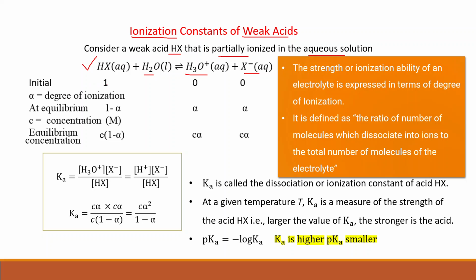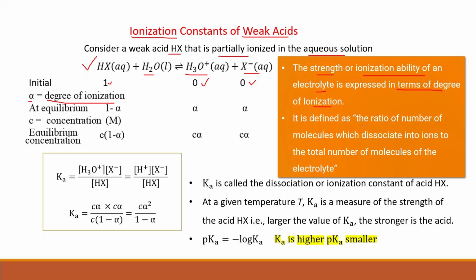Initially, if HX is 1 and no ionization is taking place, H3O+ is 0 and X- is also 0. If alpha is the degree of ionization, what is the meaning of this degree of ionization? The strength or ionization ability of an electrolyte is expressed in terms of degree of ionization.